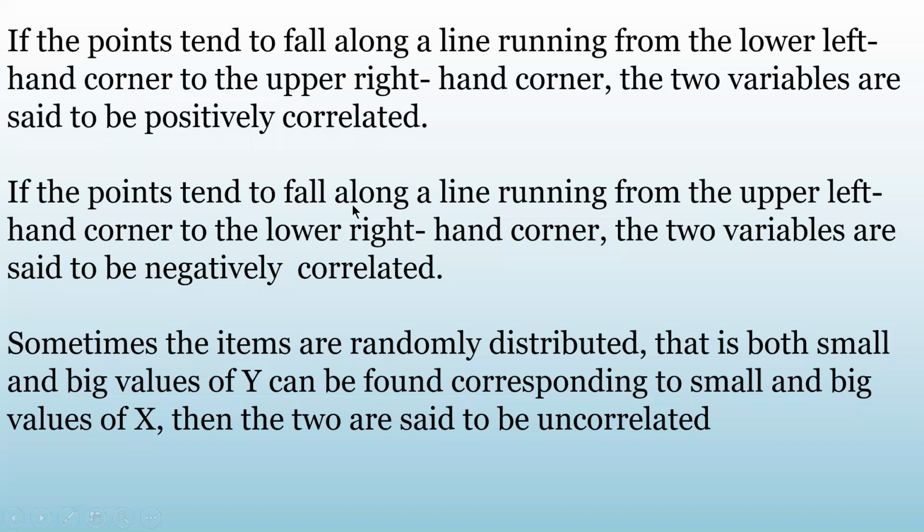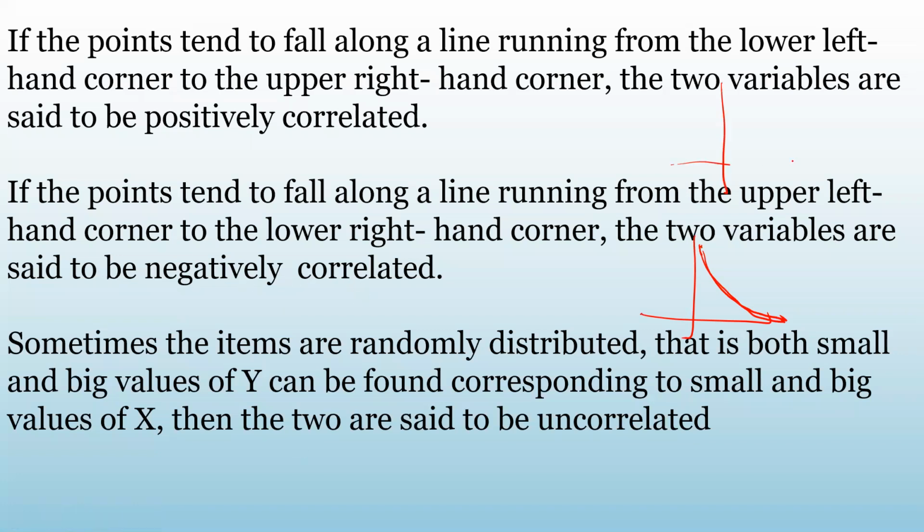If the points tend to fall along a line running from the upper left corner to the lower right corner, if the pattern is like that, then the two variables are said to be negatively correlated.